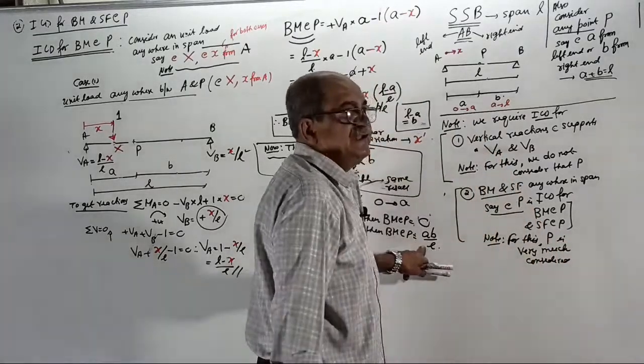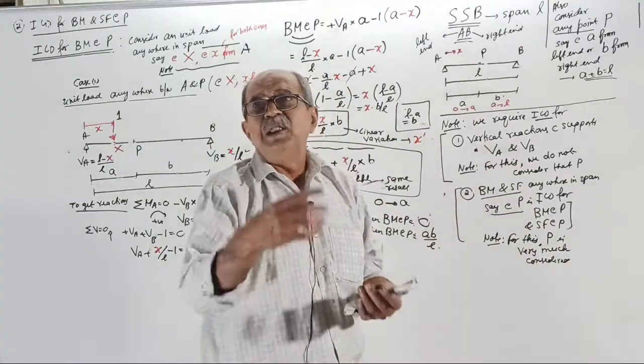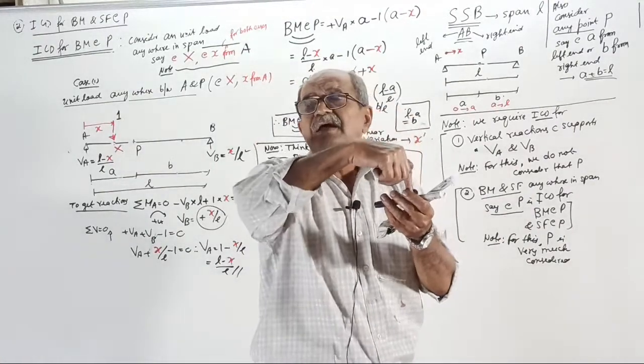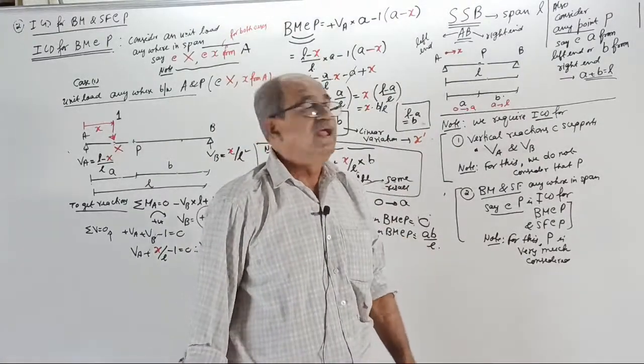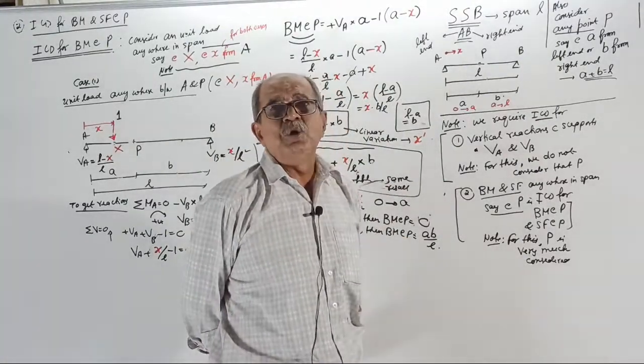Actually, that answer you know. If a load is placed at a point, you know the bending moment is WAB by L, the formula for an eccentric load. But how much is W equal to here?